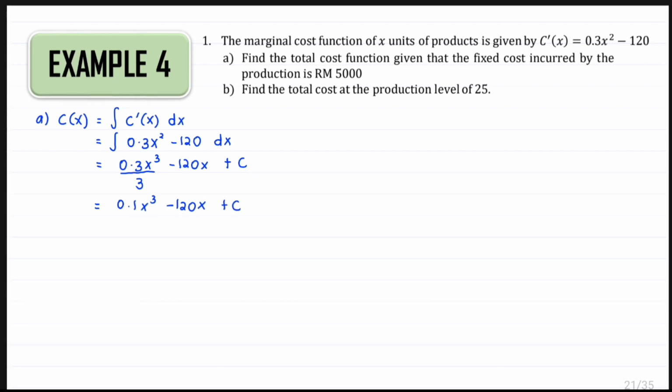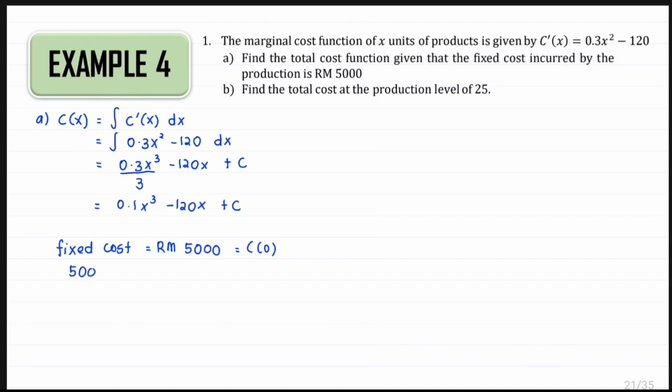We know that fixed cost equals 5,000. And the formula to find fixed cost is C(0), when x equals 0. So we substitute x equals 0 into the cost function.